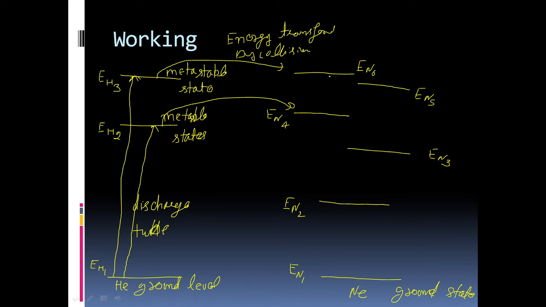These are the most excited states for the neon, and the atoms lose their energy and come down from the E6 to E5 stage with non-radiative transition.